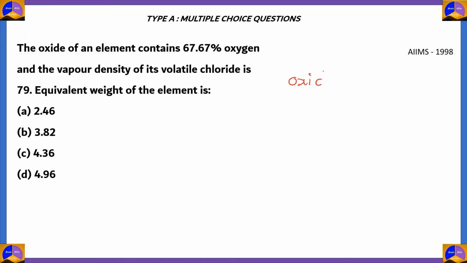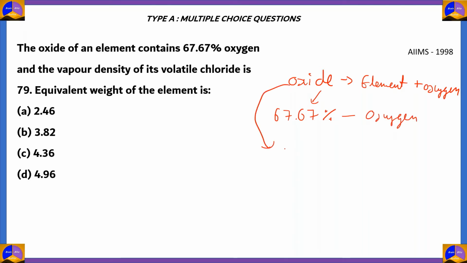So the oxide is composed of the element plus oxygen. And so it's given that 67.67% of the oxide will be oxygen.